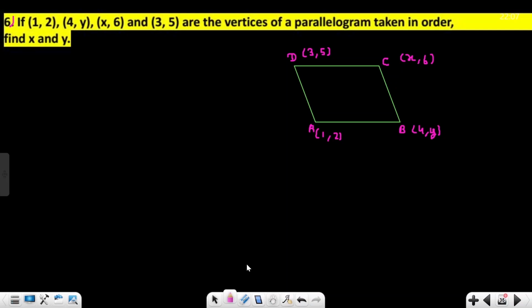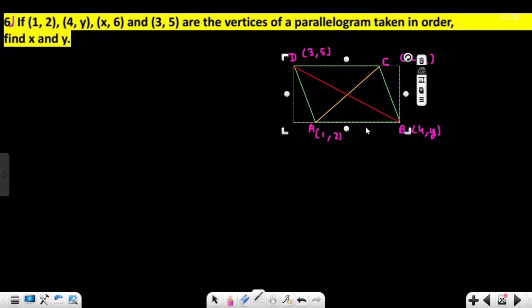In a parallelogram, the property is that the diagonals of a parallelogram bisect each other. Simply we can make both diagonals.